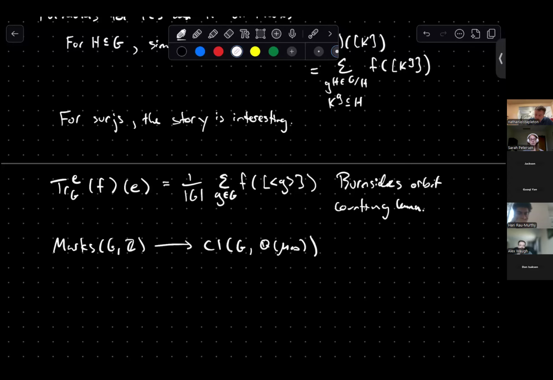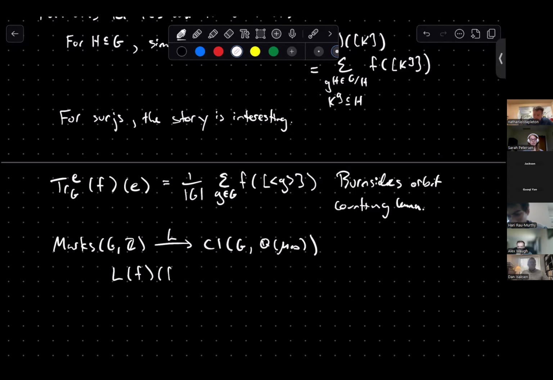And I'm just going to continue to call this L. It's going to be compatible with the map L from the Burnside ring to the representation ring of G. And the formula for L is that if I evaluate L on an element in marks F, and then I evaluate this on the conjugacy class of little g, then I get F of the conjugacy class of the subgroup generated by little g.